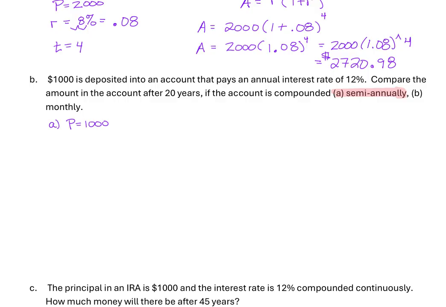Because we are compounding semi-annually, we do want our second formula, which is P times 1 plus R over N, raised to the NT. All right, we have P is 1,000. We have R is going to be 0.12 because we want to make sure that we convert it to a decimal.